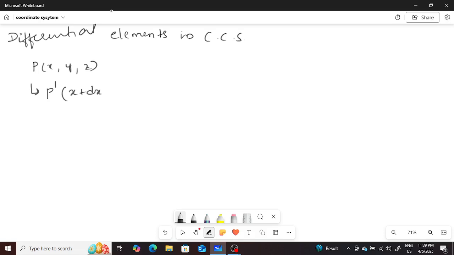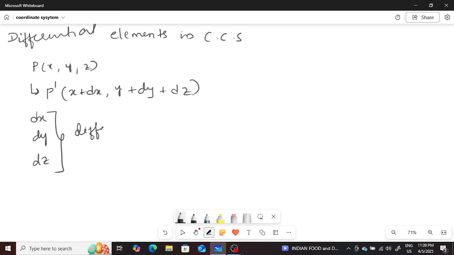So when the original point x is added with the differential dx, you get the new point x plus dx. Similarly, y plus dy, z plus dz. So these dx, dy, dz are the differential elements.